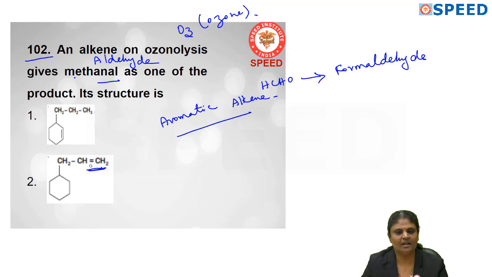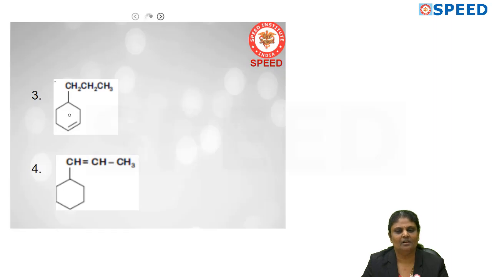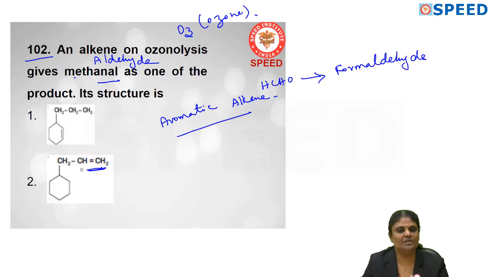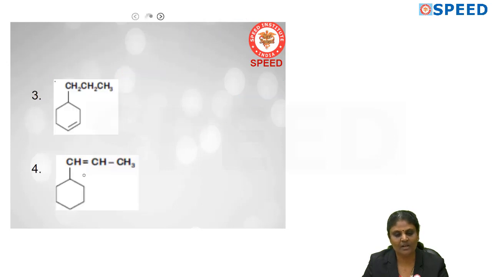So this is the ring and this is the side chain, and this one is also in the ring and this in the side chain. I think the first and third options are not correct. So you have to choose between the second and the fourth. The most correct option is the fourth one, where the double bond is present in the side chain.